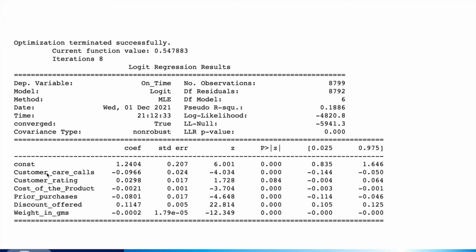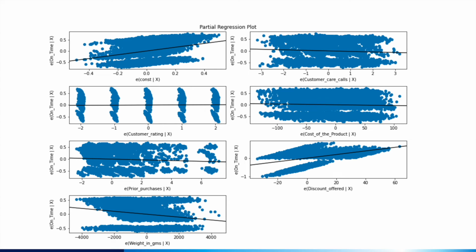Here the table shows us the variables customer care calls, cost of the product, and prior purchases have a negative relationship, and the car offer has the most impact with the dependent variable, delivery on time. Here we can see the block and the dependent variable with the independent variables.